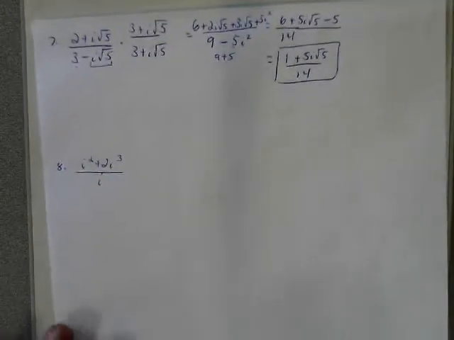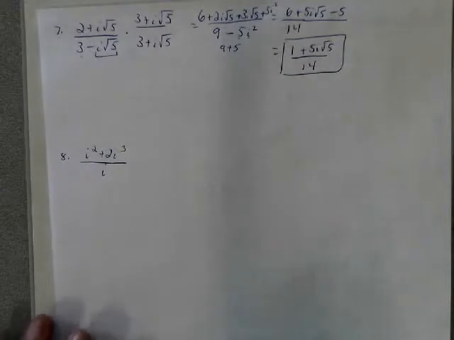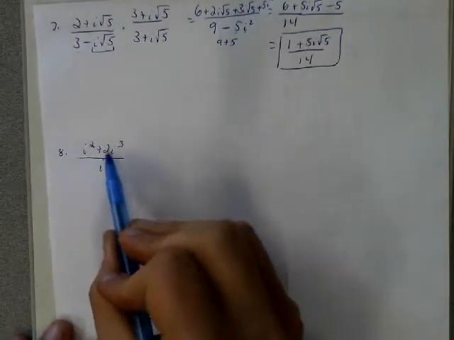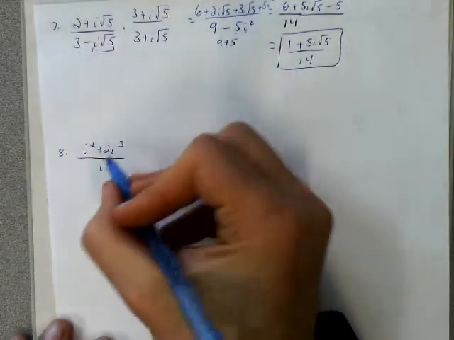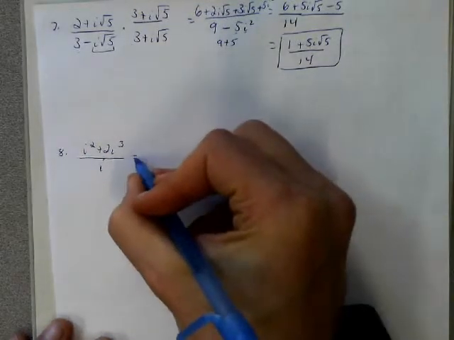The last problem is kind of a difficult one because you don't know exactly where to go. We could start by converting each of these higher exponents to a different form of i. So i squared to negative 1, i cubed to negative i. That would work. But I noticed that we can factor out an i, which would cancel with this denominator.